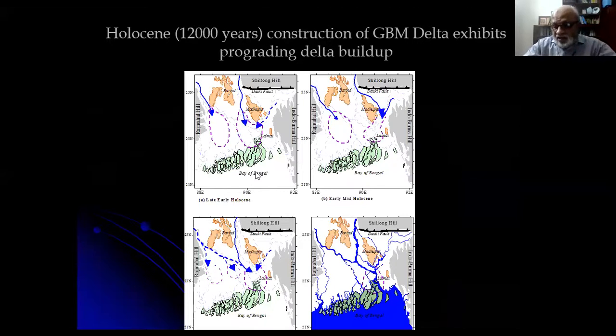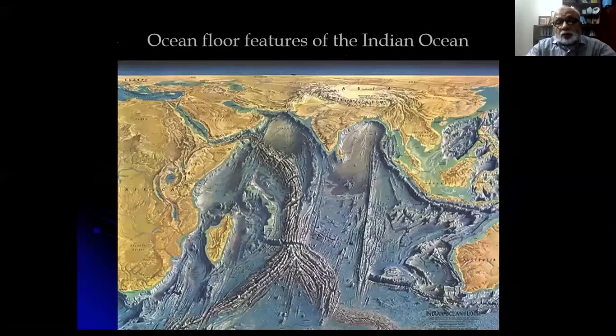And so the sediments which I was talking about from this Himalaya range are coming through the Ganges and Brahmaputra. There are two major rivers, and another small one here, the Meghna.